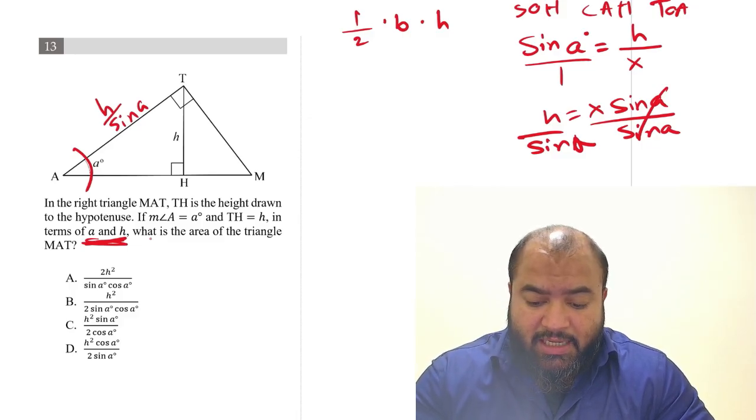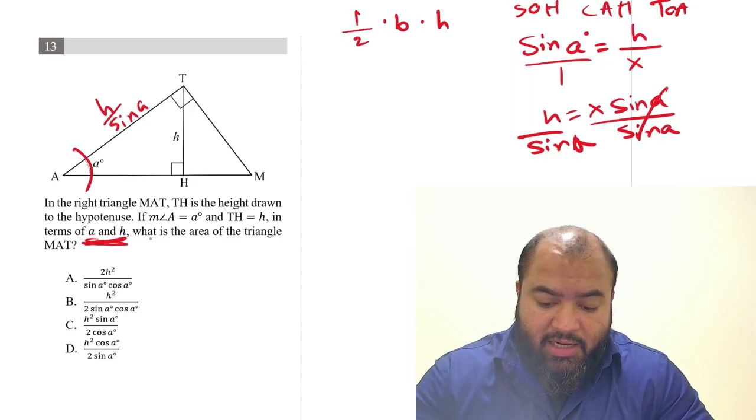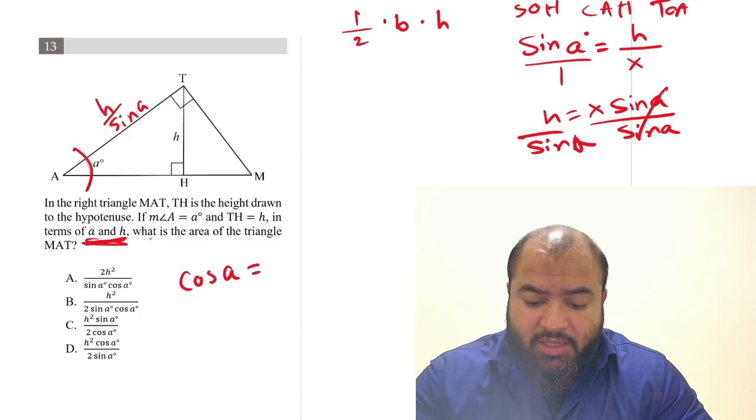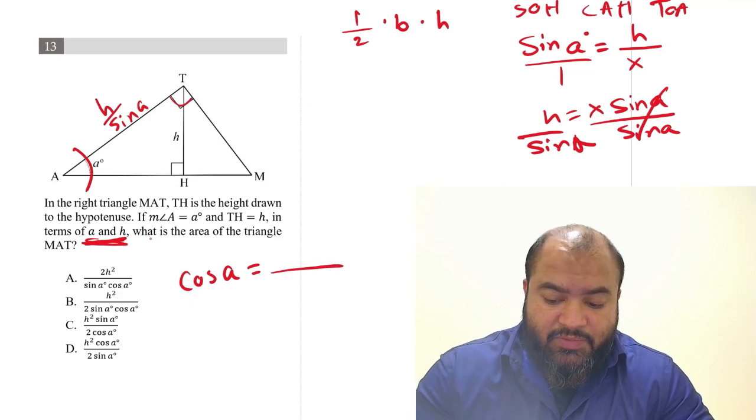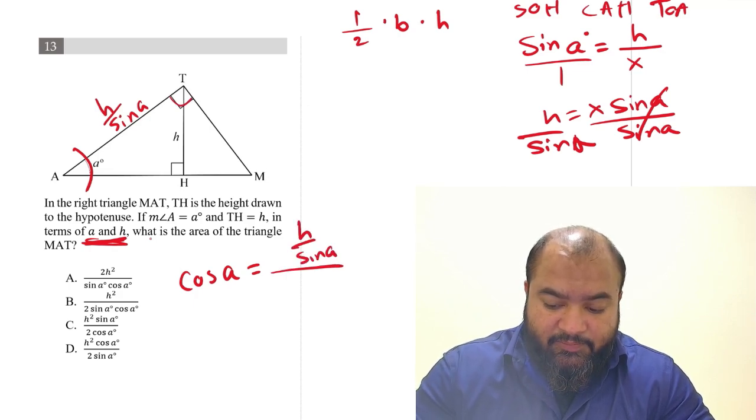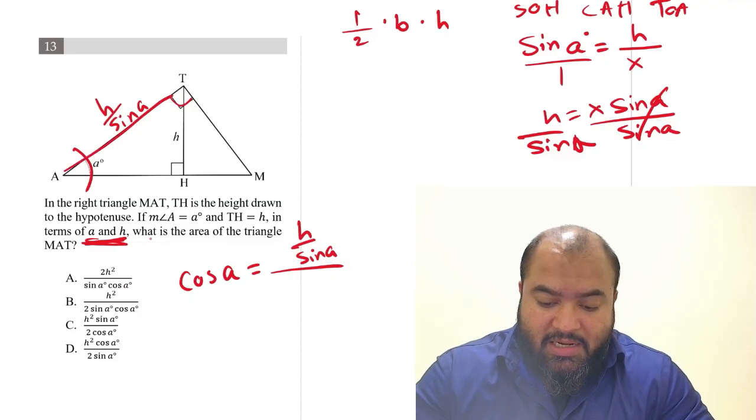So here I need to use cosine as well because all of the options have cosine. So cosine of A would be adjacent over hypotenuse. In the big triangle, this is the right triangle. So adjacent would be h over sine A. This is the adjacent. And the hypotenuse is this one, which is, I don't know, let's call it y.